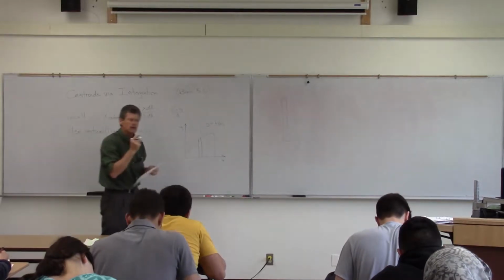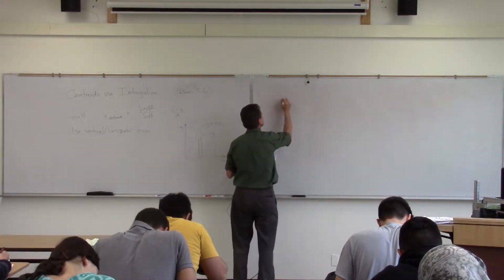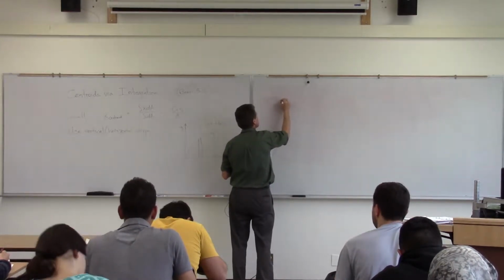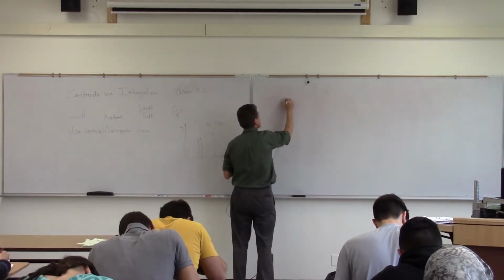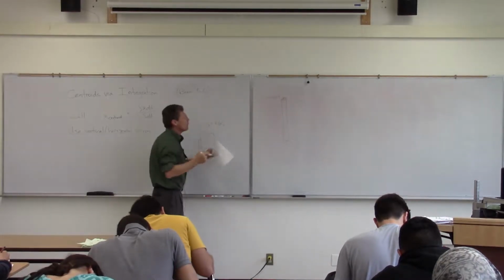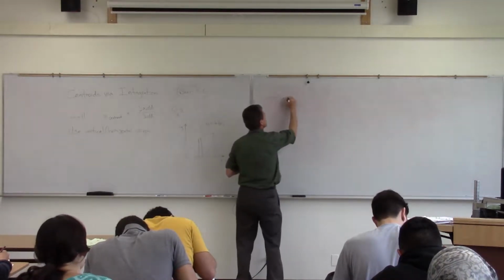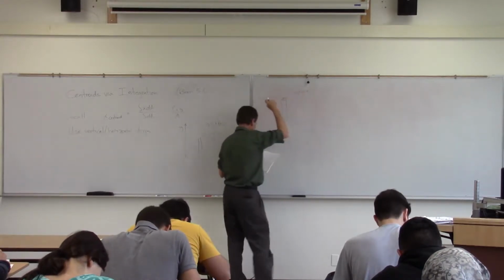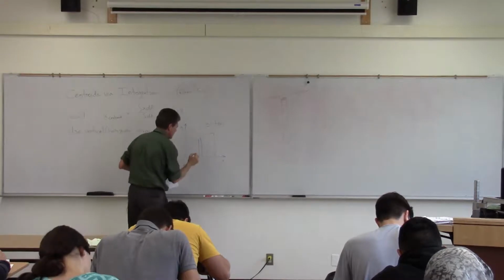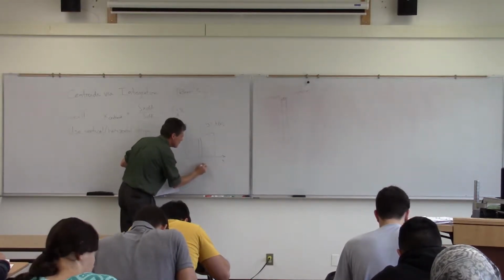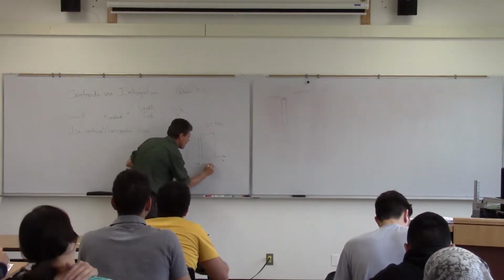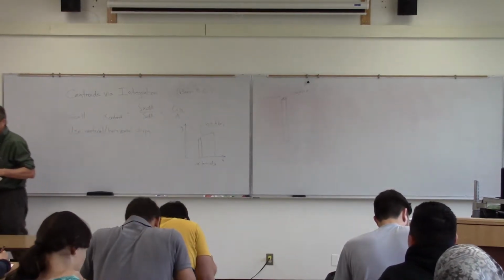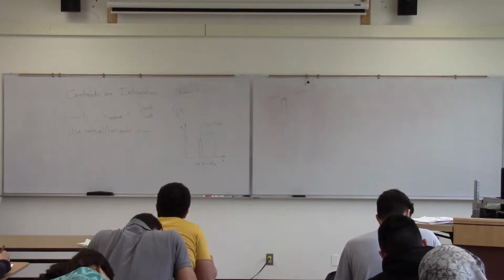Except for this little top part here, we're going to chop off that little top there. Oh, and the other point I forgot to make there too is that we're going to make the width of that strip infinitesimal. So we're going to call it dx.